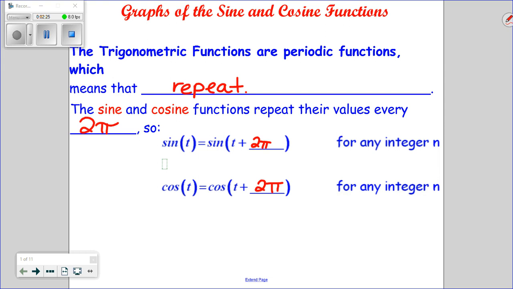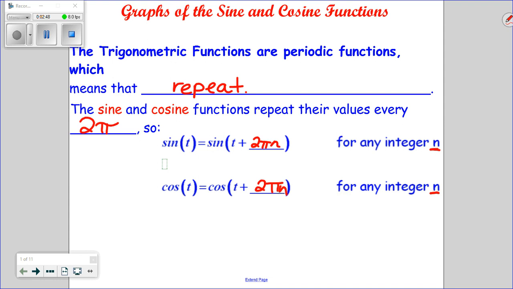Now, for any integer n, sometimes we will add 2 pi n to this, where n is an integer. So if n is 1, we're adding 2 pi. If n is 2, we're adding 4 pi. If n is 3, we're adding 6 pi.